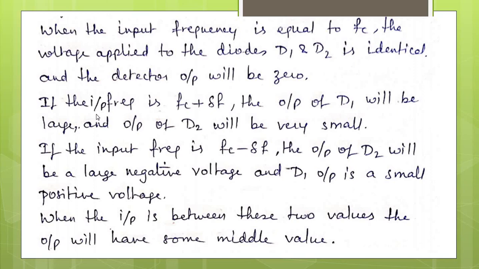So in the second case, if we apply an input frequency of Fc plus delta F, in this case the output of the diode D1 will be very large and the output of the diode D2 will be very small. Now in the third case, if the input frequency is Fc minus delta F, in this case the output of the diode D2 will be a large negative voltage and the output of D1 will be a very small positive voltage.